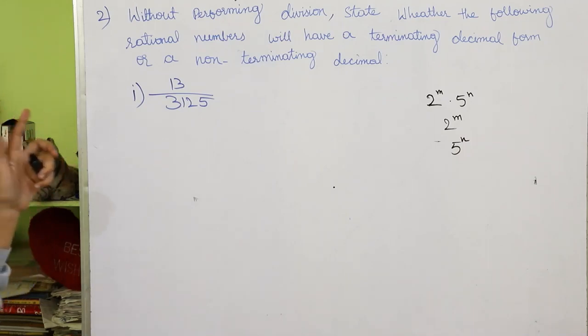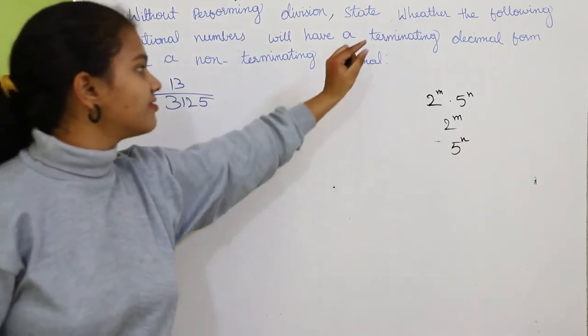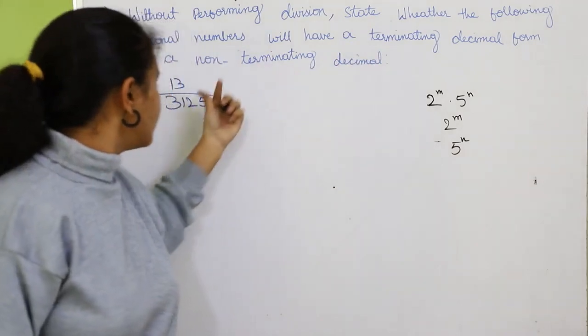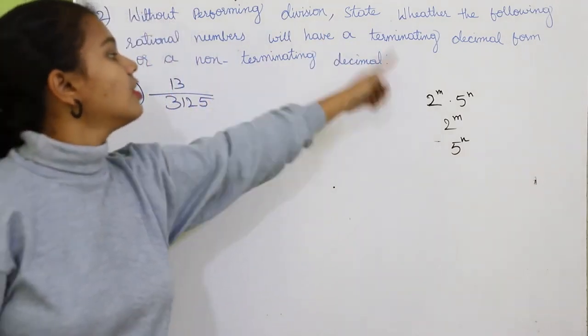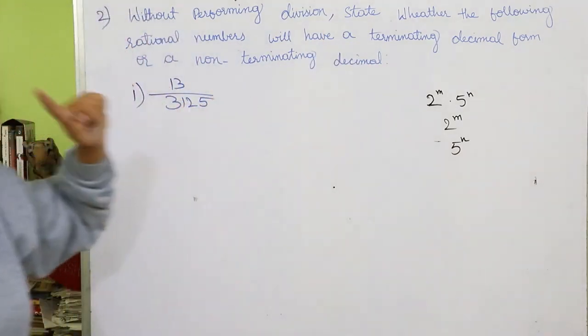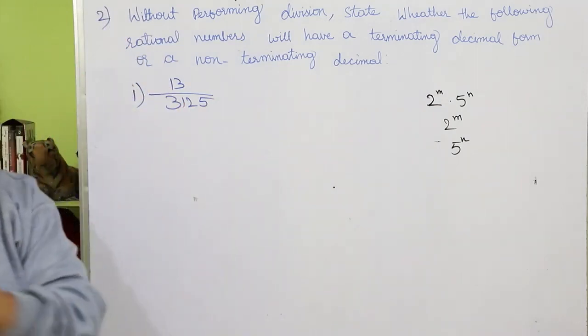And non-terminating decimal means apart from this, where the denominator is not in the form of 2 power m into 5 power n, then it definitely would become non-terminating decimal.